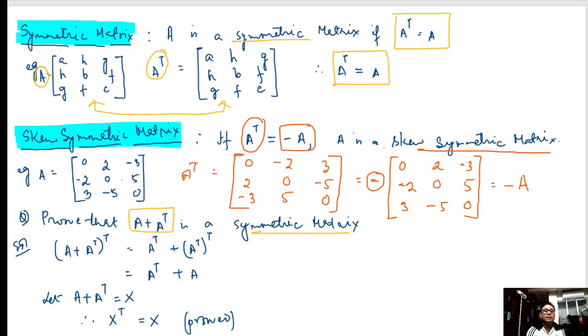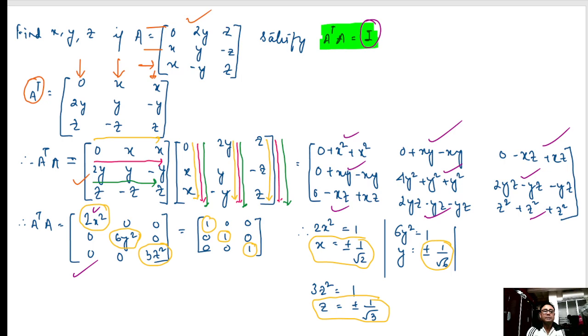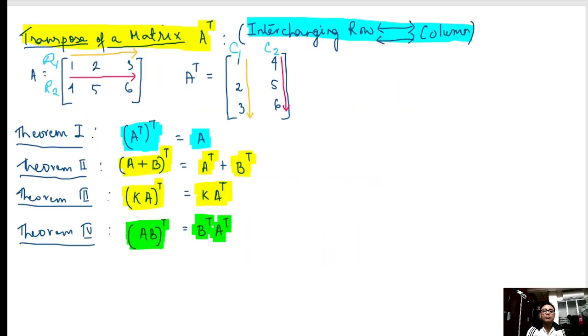This we have seen that A plus B transpose is actually A transpose plus B transpose. Okay, we have seen this.